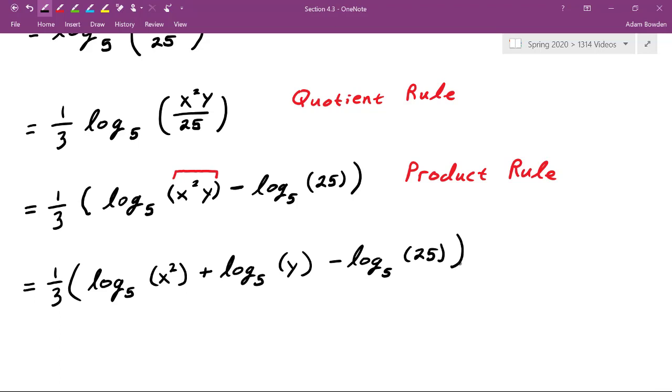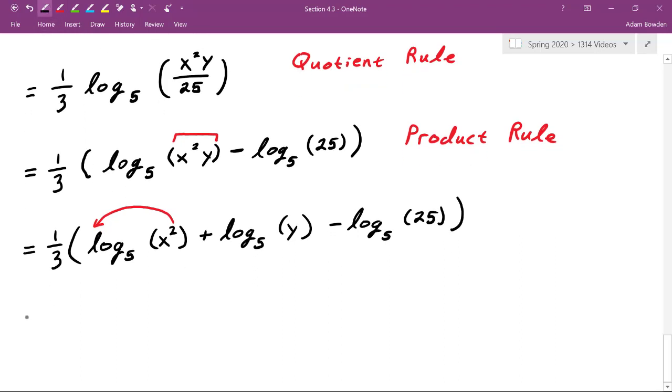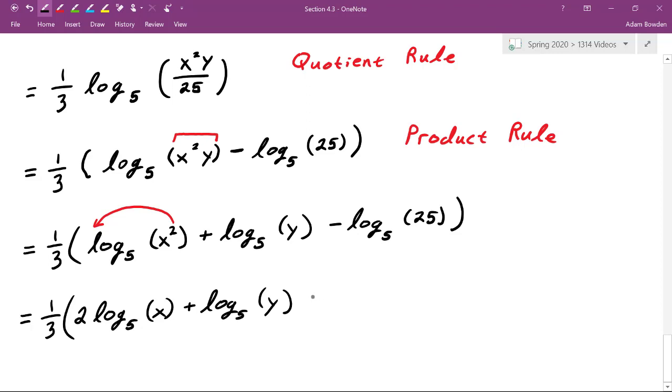Okay, so now again we're breaking apart each individual logarithm step by step. The very last thing we can do is we do have this power of 2 above x. I'm going to go ahead and move that to the front with the power rule. We'll get 1/3, and then that would change to 2 log base 5 of x. Then we have plus log base 5 y minus, and this last piece that we have here, do we know possibly what number log base 5 of 25 is equal to?